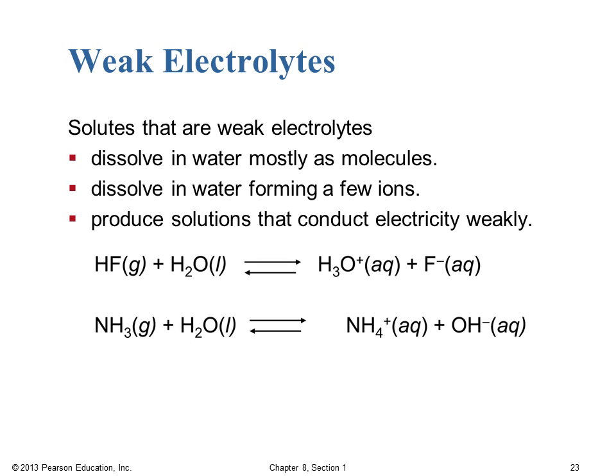Weak electrolytes will dissolve in water, and when they do, they will form some ions. So it's not going to completely dissolve. It's not going to completely dissociate or separate into its ions. And because of that, when we write the chemical equation, we see a double arrow.